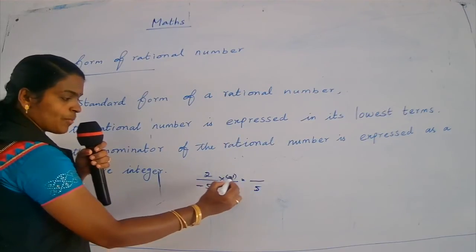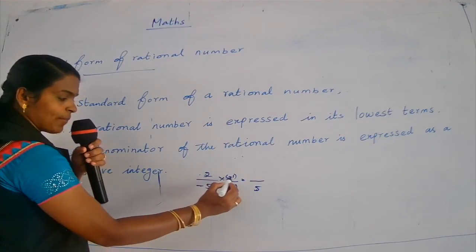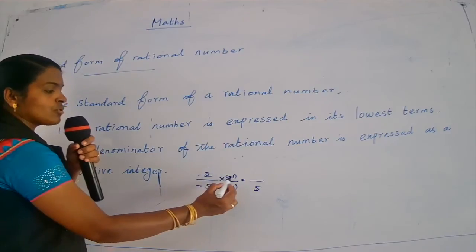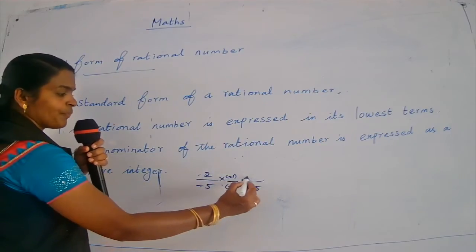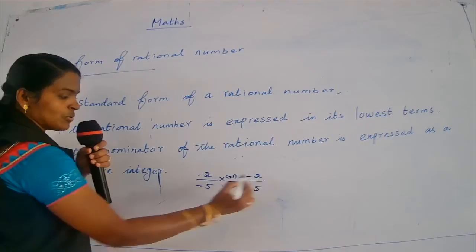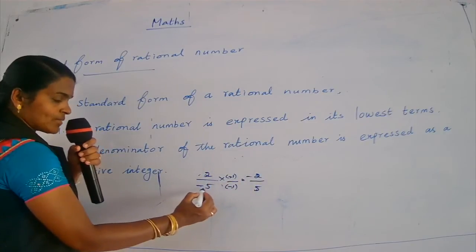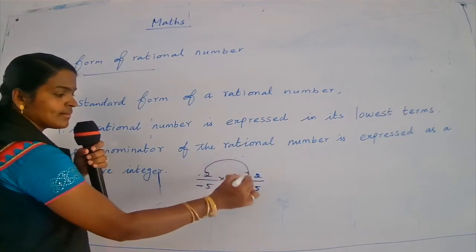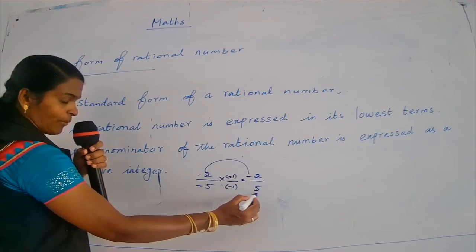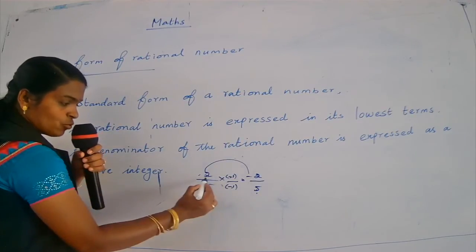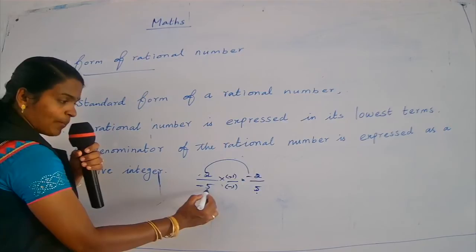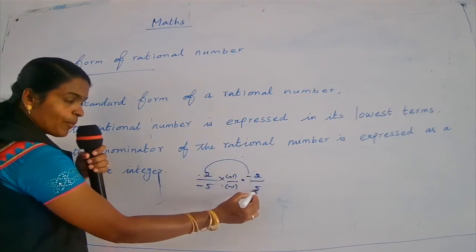Now 2 into minus 1: plus into minus is minus, 2 into 1 is 2. So 2 upon minus 5 can be written as minus 2 upon 5. Clear, children?